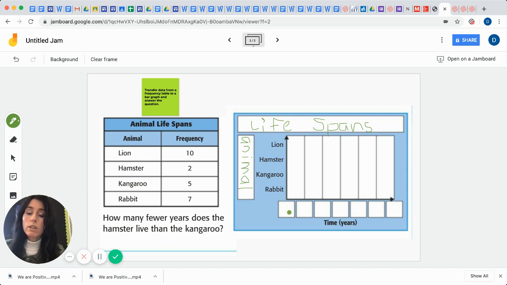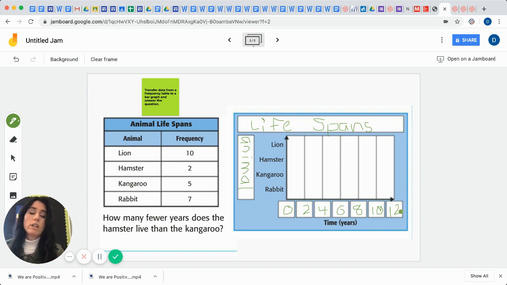So we're going to start this line at 0 for our whole number, and then we decided we're going to count by 2s. So I'll go 0, 2, 4, 6, 8, 10, oops, whoa, wow, and this is going to be 12.